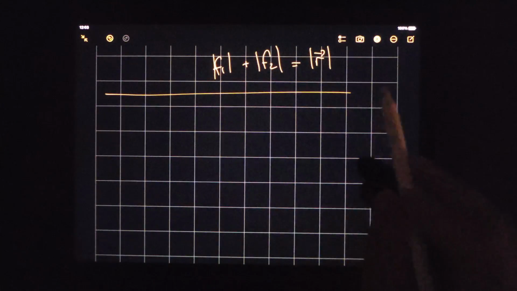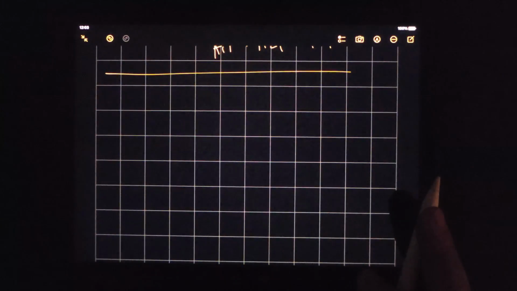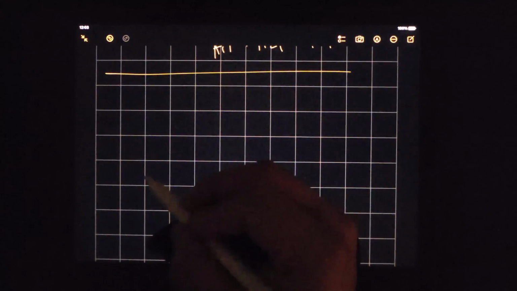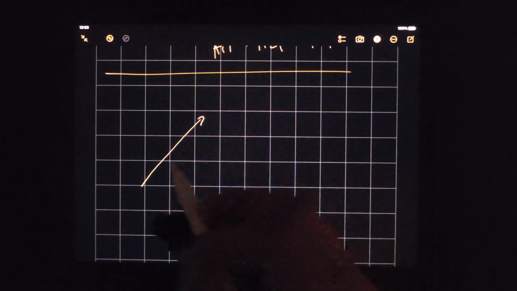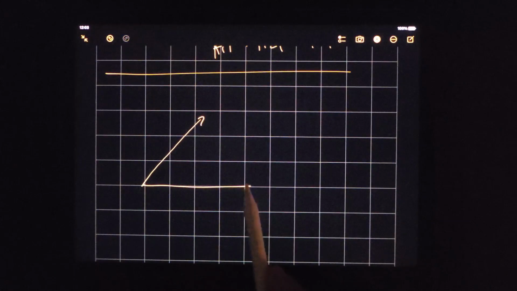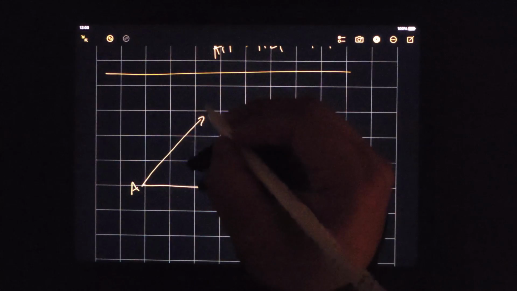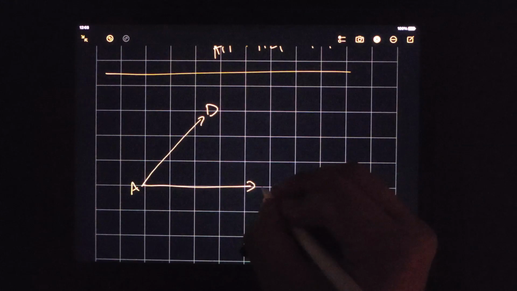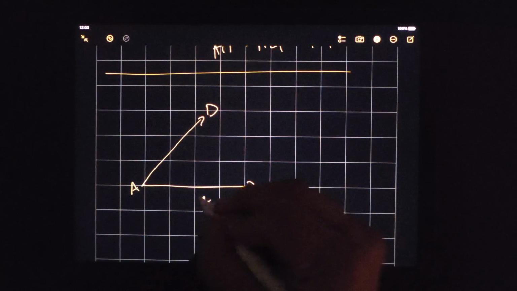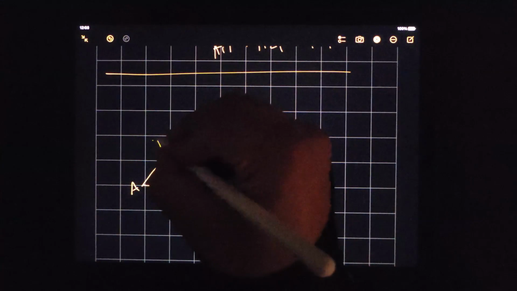So maybe we can do an example here to kind of drill in the point. Let's say we have A to D, and we have a B here. And let's say that's my A vector, and that's my B vector.